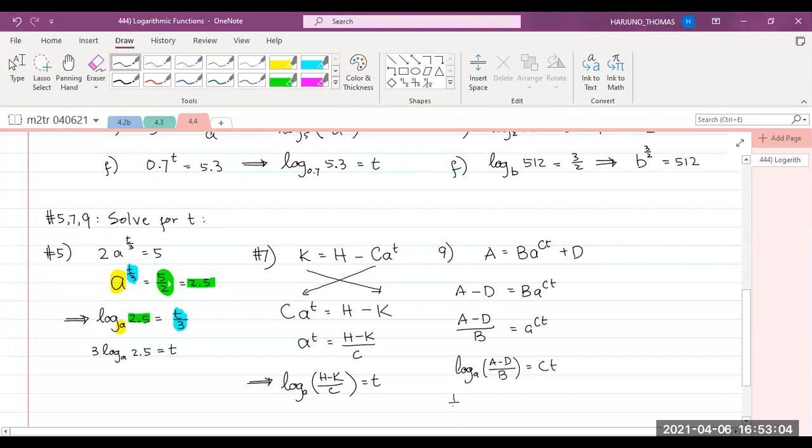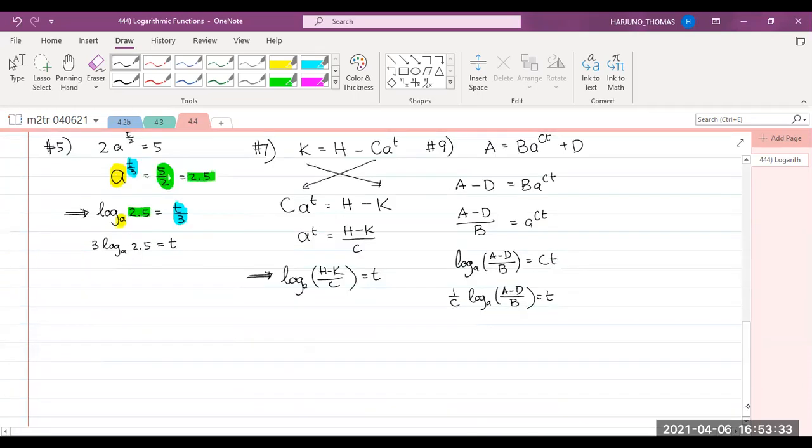Then divide by c. Okay, that's when we solve an equation, but this is basically without numbers, or parameters.